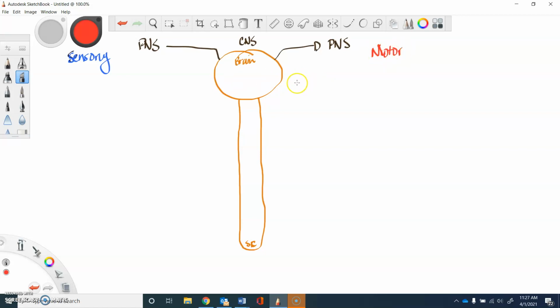Obviously they're on both sides, but I'm going to do it on either one. So again, this is efferent, same thing, and this is afferent. All right, so looking at the sensory side first.